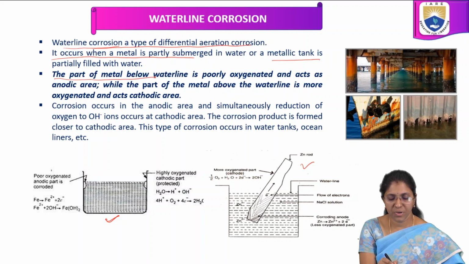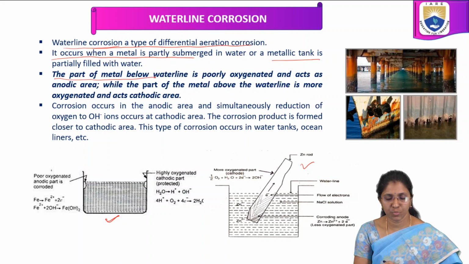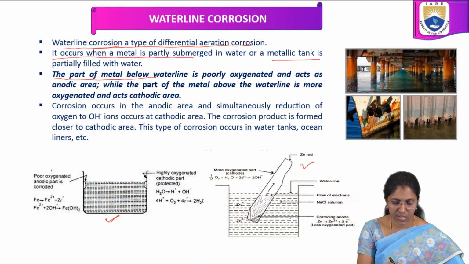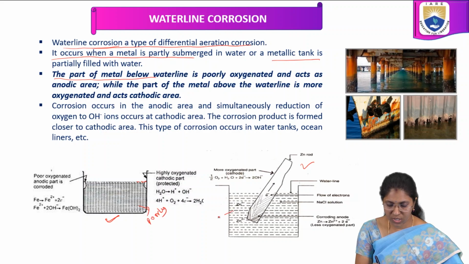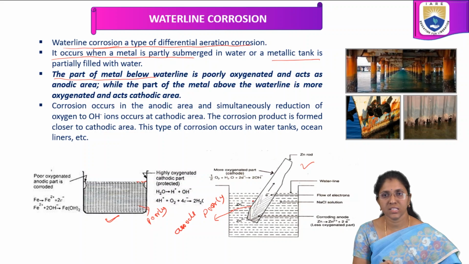The part of the metal below the waterline is poorly oxygenated, so this part can act as the anode.